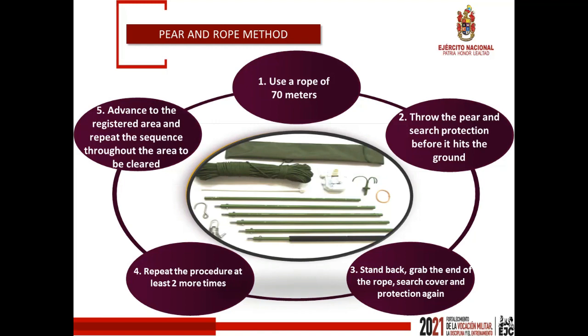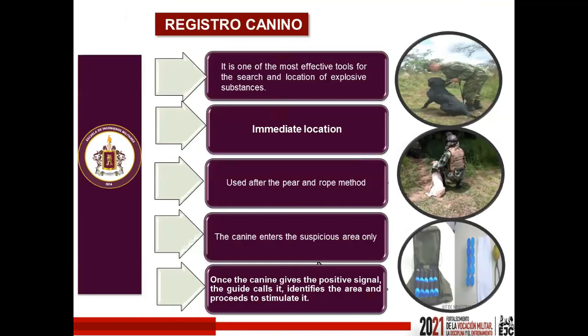Advance to the registered area and repeat the sequence throughout the area to be cleared. And after that, we send the canine. It is one of the most effective tools for the search and location of explosive substances and, in some cases, explosive artifacts.